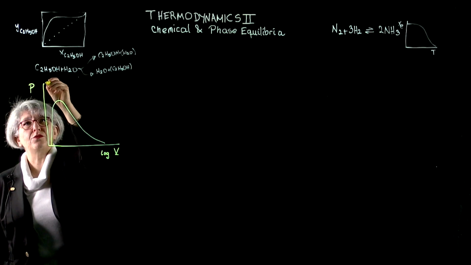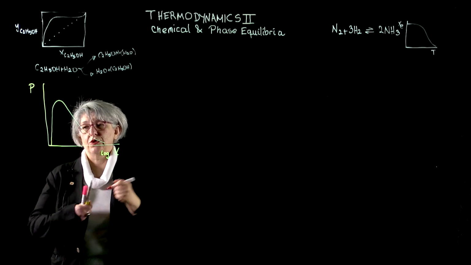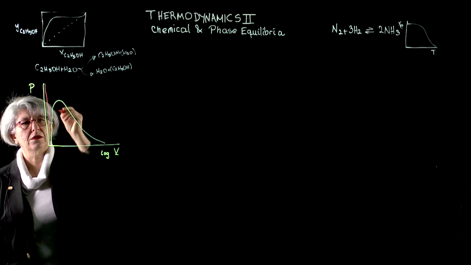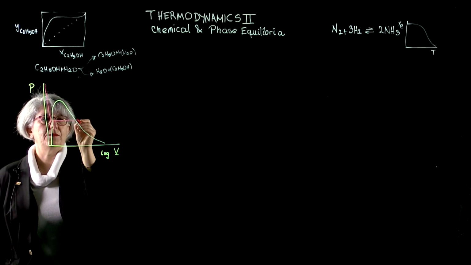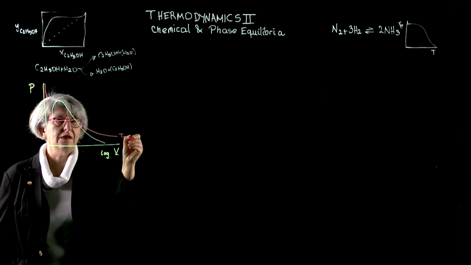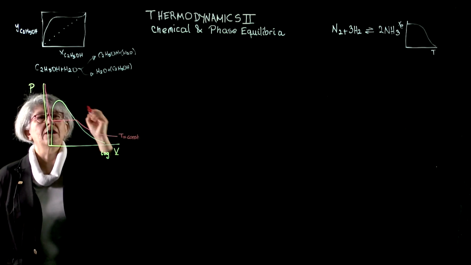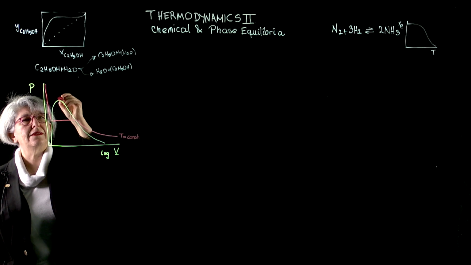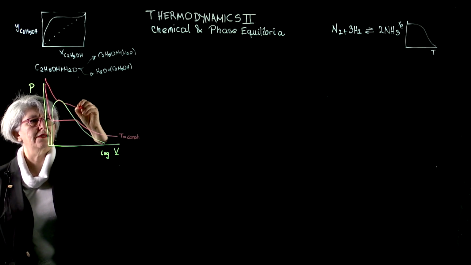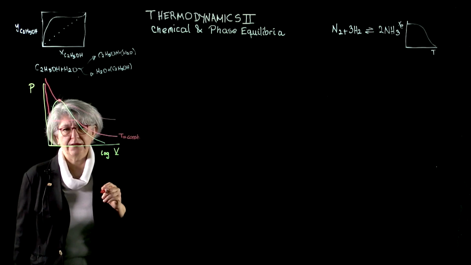And our isotherms, let me use a different color, our isotherms, the constant temperature curves, the real physical processes go like this. We have a critical temperature isotherm that goes like this, goes through a saddle at the critical temperature.